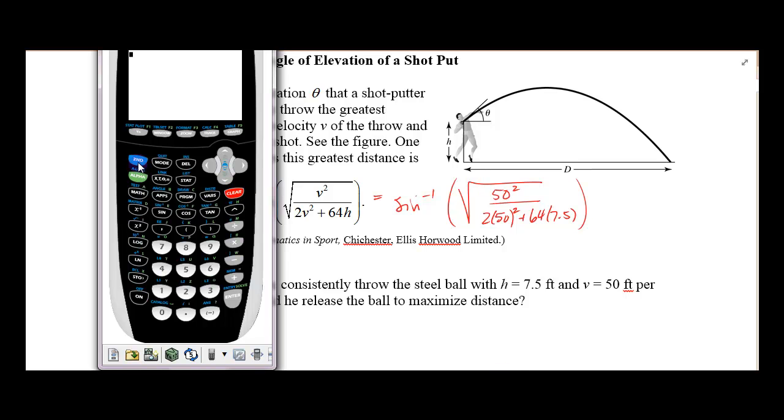So underneath the radical in the numerator, I have 50 squared. So I'm going to put 50 squared and close that and divide it by what I have going on here in the denominator. So I have 2 times 50 squared plus 64 times 7.5.